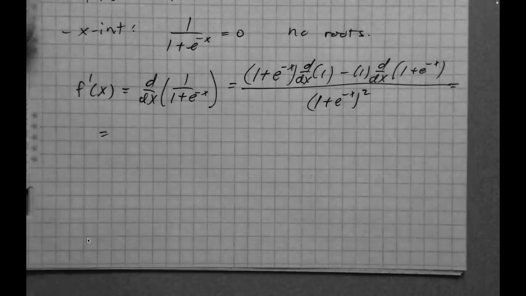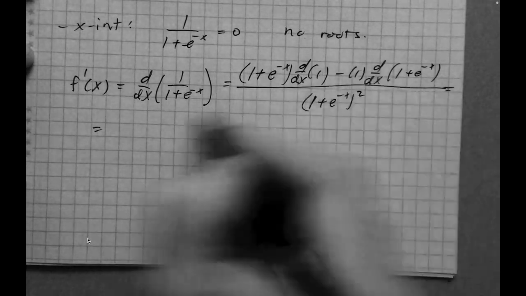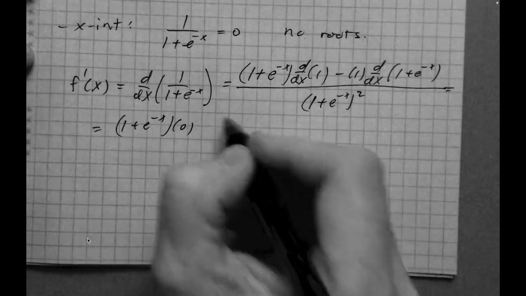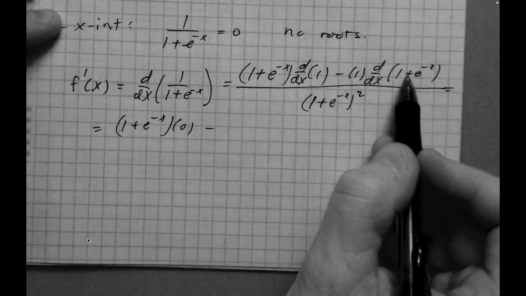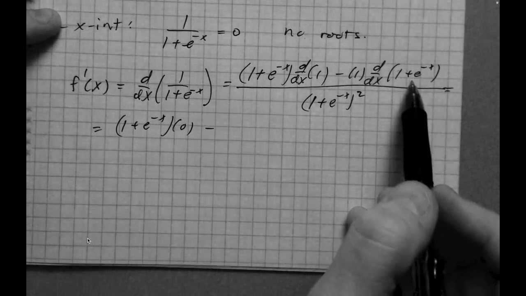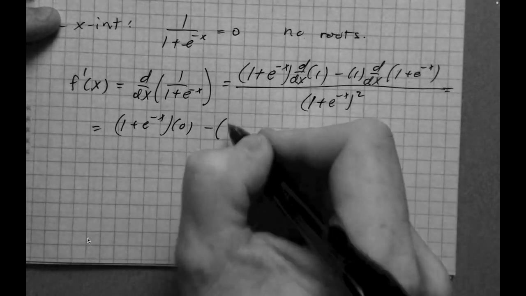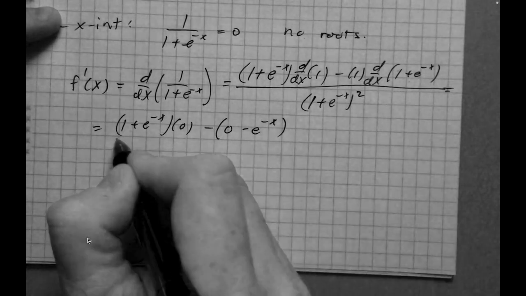Okay, and what do we get there? Well, up top here, this is 0, right? So this would be 1 plus e to the negative x times 0, minus that 1 times the derivative. Now what's this derivative? Well, the derivative of 1 is 0, and the derivative of e to the negative x is negative e to the negative x. So this would be like 0 minus e to the negative x.